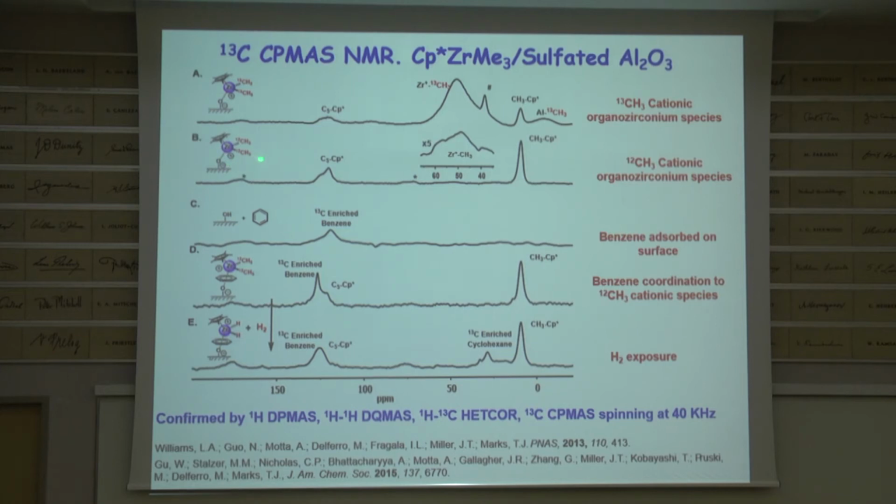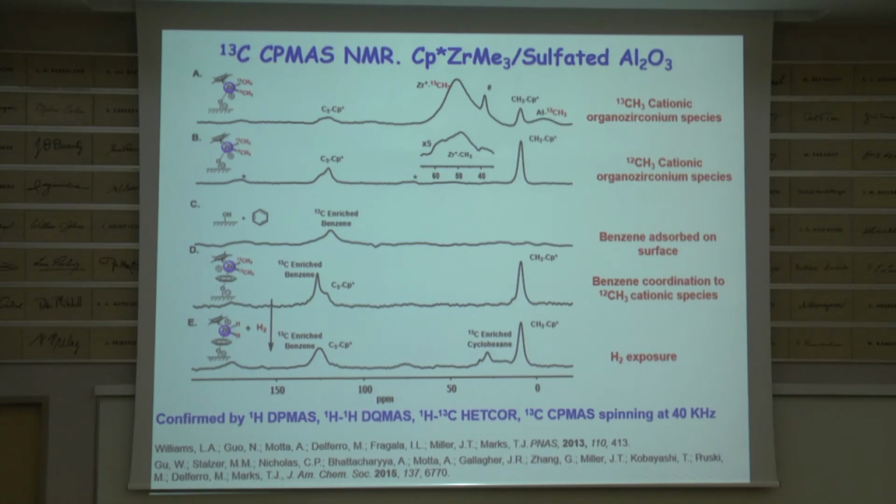Now the C12 analog of the zirconium compound, and now you don't see this. You just see the ring signals and the very weak methyl signals here. Now we're going to take C13 enriched benzene and put it on the surface. And here's the signal of benzene, probably chemisorbed on the surface, maybe interacting more strongly than this. Now we're going to take the C12 methyl compound and add benzene to it.